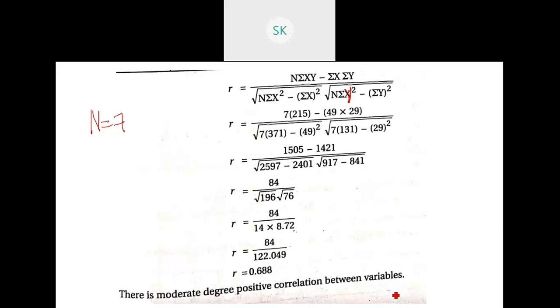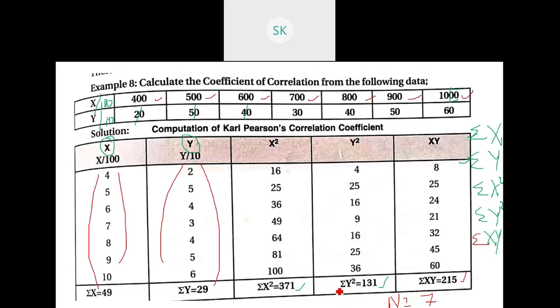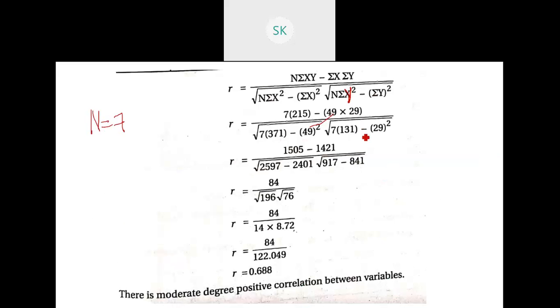So 7 into 371 minus sigma x, 49, whole square. Again n is 7 into sigma y square, which is 131, minus sigma y, 29, whole square.